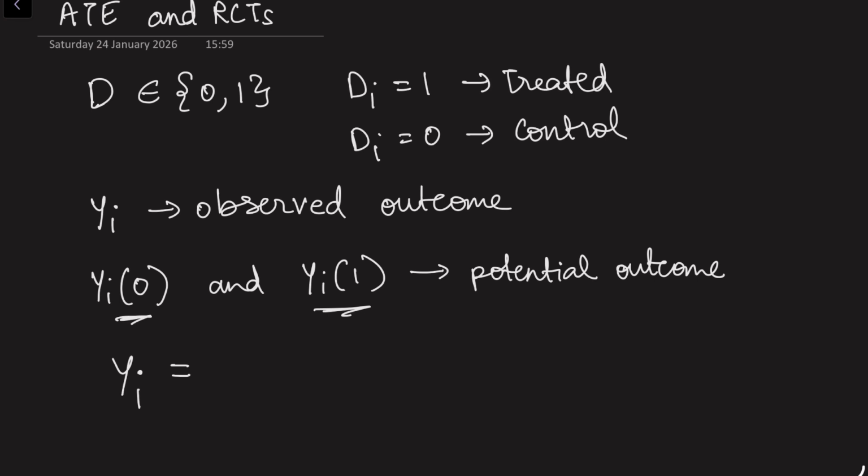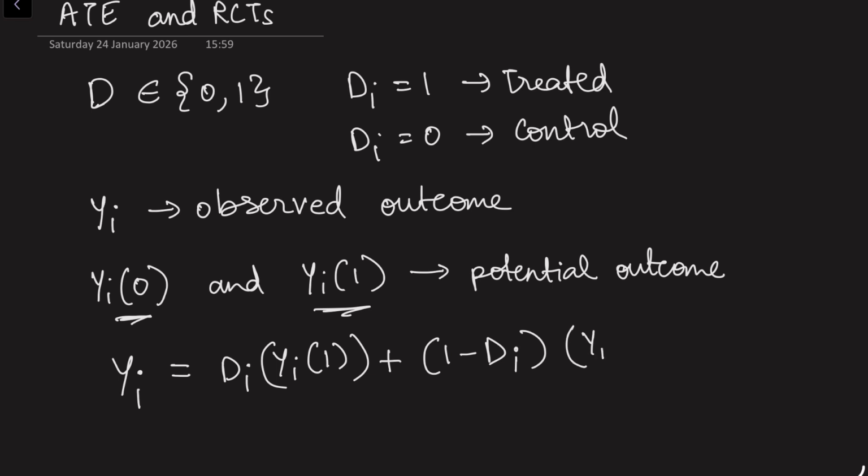So I can write observed outcome is equal to the dummy variable of treatment assignment times the potential outcome of being treated, plus 1 minus that dummy variable times the potential outcome of not being treated.